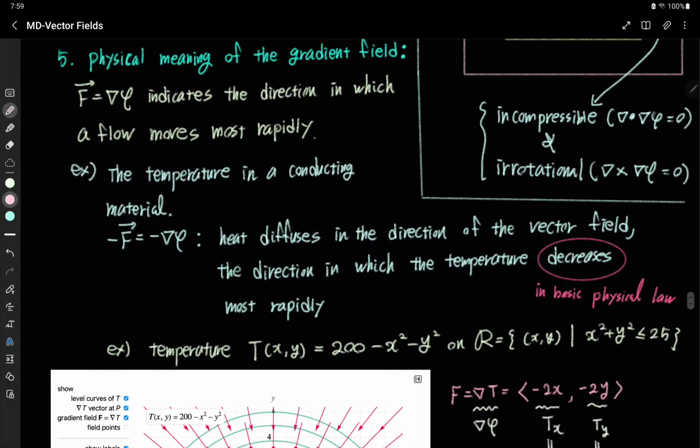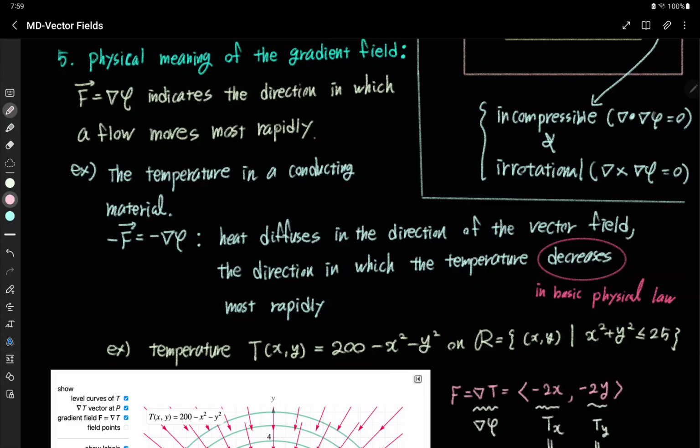Here's an example: temperature in a conducting material. This is the heat equation. F equals a constant relating to heat capacity times the gradient of psi, but we assume that the heat capacity constant is 1.